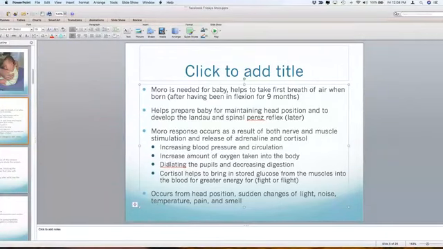Okay, so basically what's happening is that whole fight or flight, sympathetic. We're going to look at the nervous system in a second. So this is the sympathetic nervous system, the fight or flight.